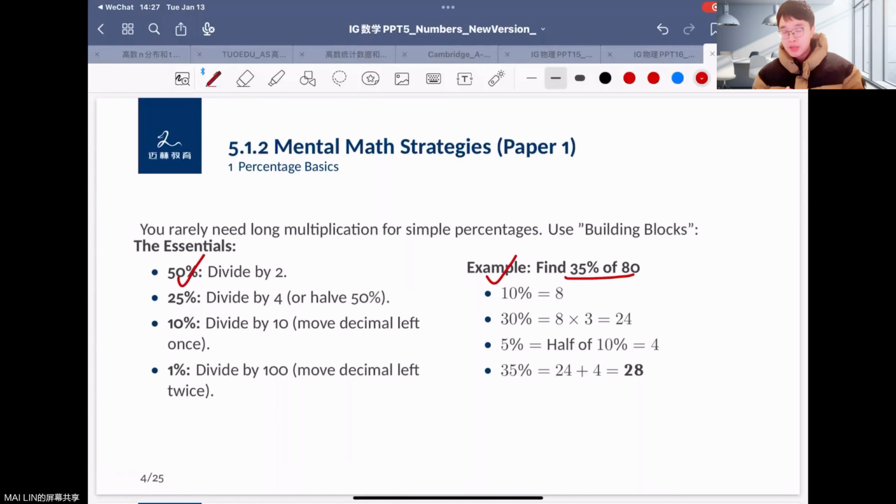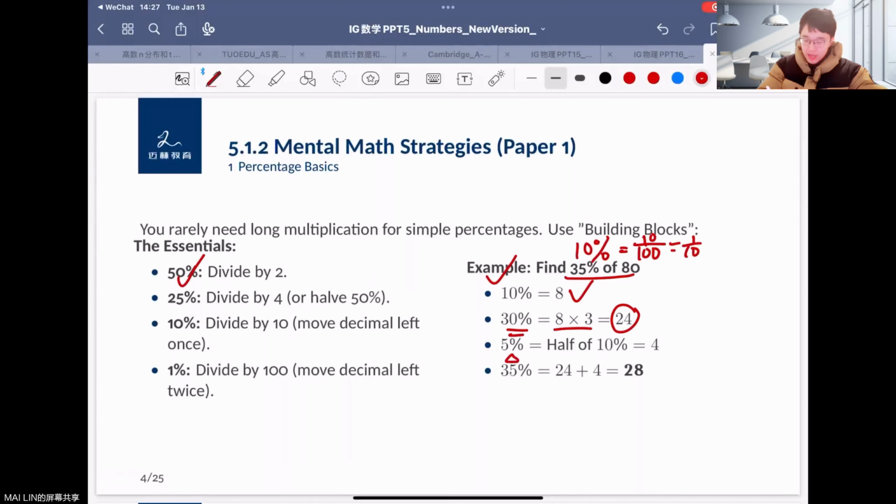To understand it, consider 10%, which is easier: 10% means 10 over 100, which is 1/10, and 1/10 of 80 equals 8. So 10% of 80 is 8. Then 30% of 80 is 8 times 3, which is 24.